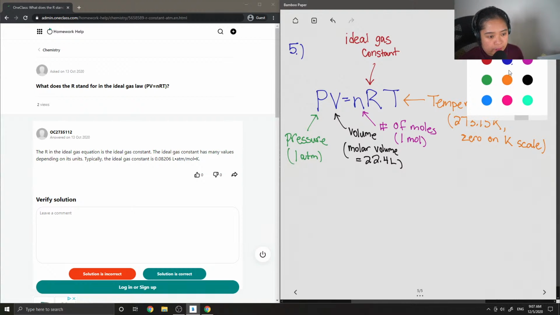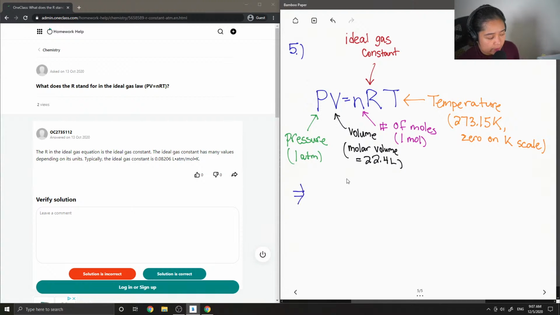Okay, so now that we know all of our different variables and all of their values in standard temperature and pressure conditions, let's rearrange the equation to solve for the value of R. So R then is equal to PV over NT.